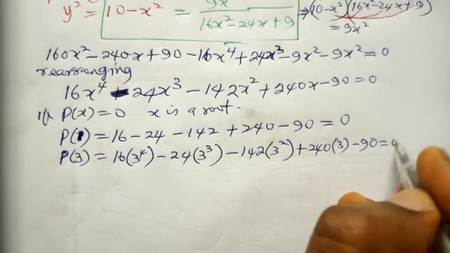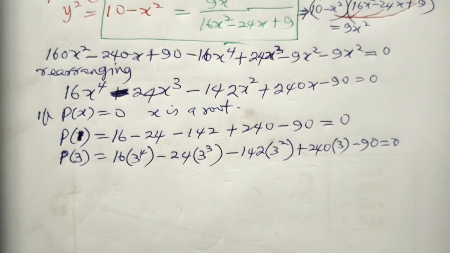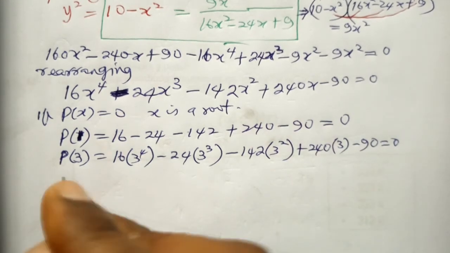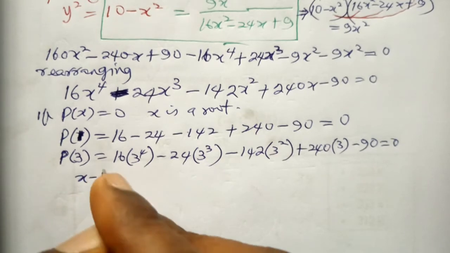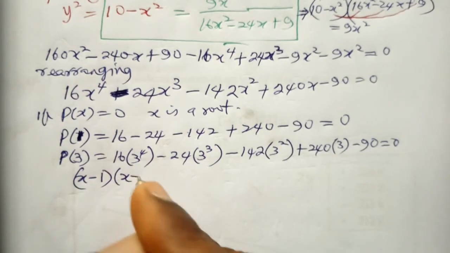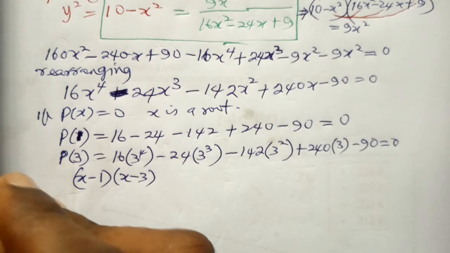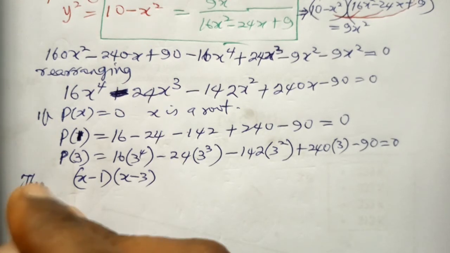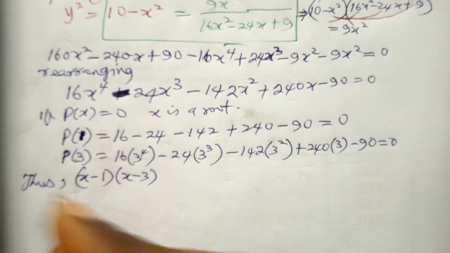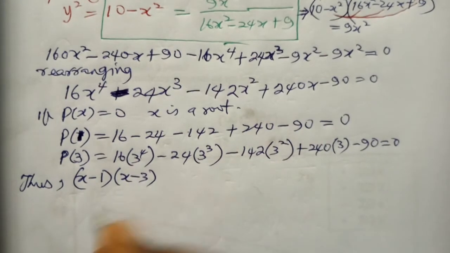It also gives us 0, and that means that x minus 1 and x minus 3 are factors.